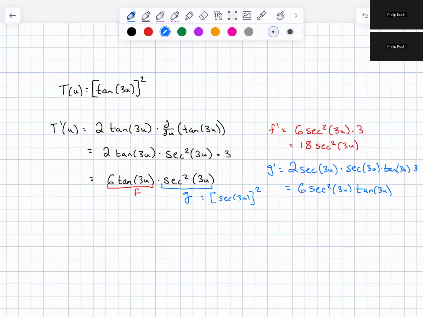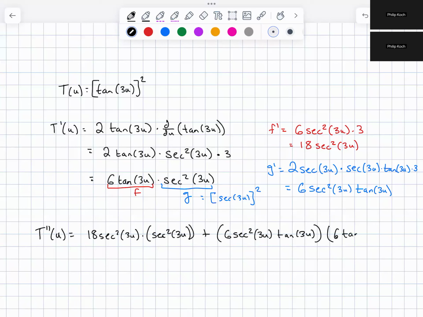Then it is just a matter of doing the product rule: f prime g plus g prime f. So T double prime of u is equal to f prime g, so 18 secant squared of 3u times g, which is secant squared of 3u, plus g prime, which is 6 secant squared of 3u tangent of 3u, times f, which is 6 tangent of 3u.